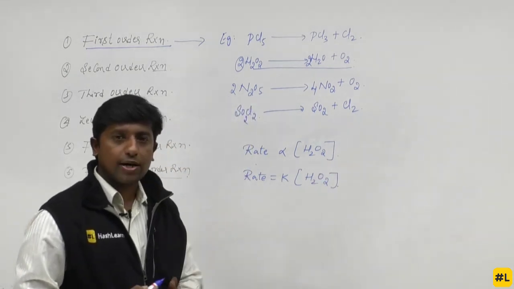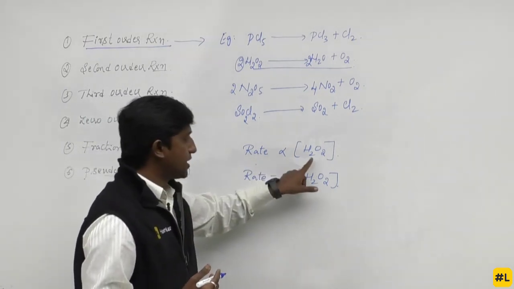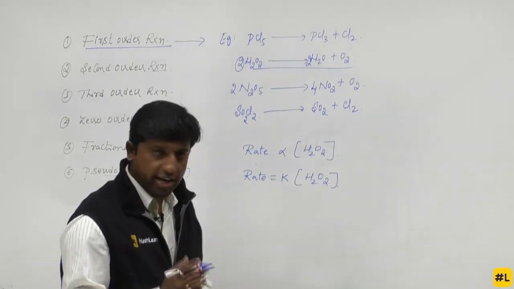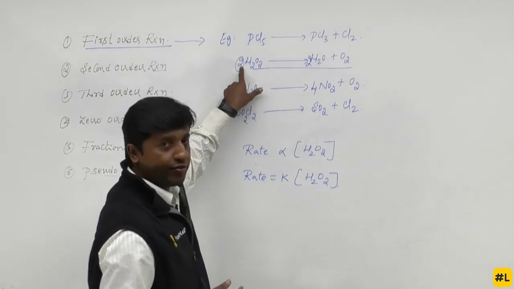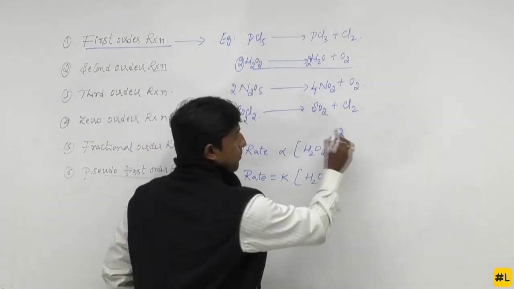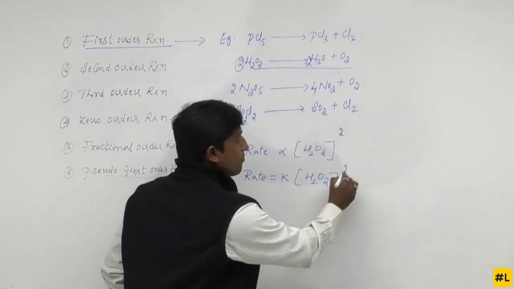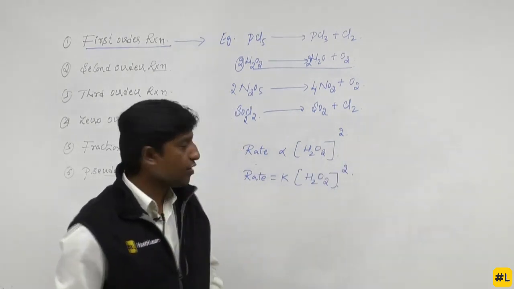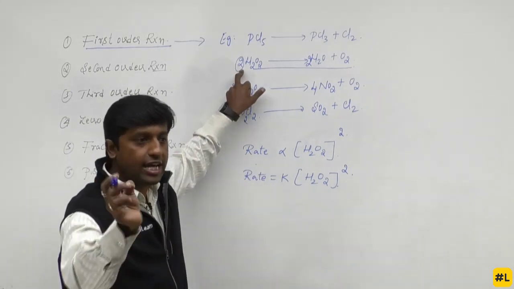See, law of mass action states that the rate of the reaction is directly proportional to the concentration of reactants, where the stoichiometric coefficients are raised as an appropriate power. If I write 2 here, then I am following the law of mass action, based on the stoichiometric coefficients prescribed as per the balanced chemical equation.